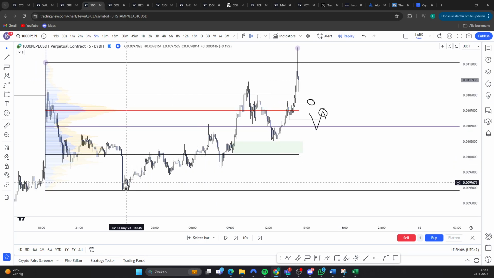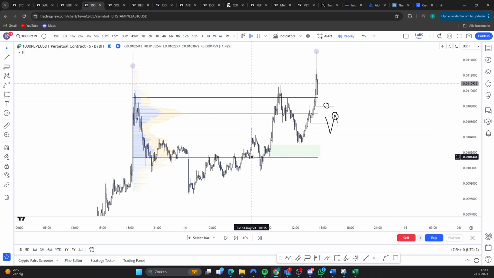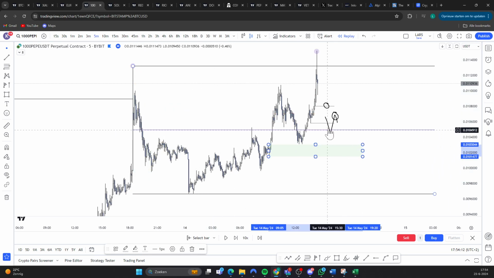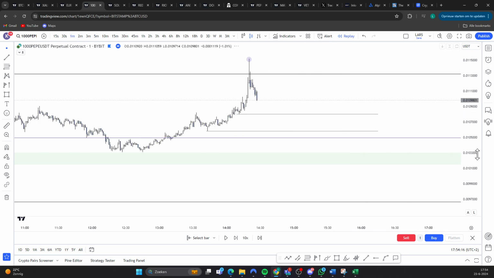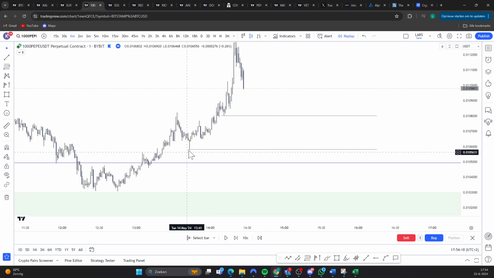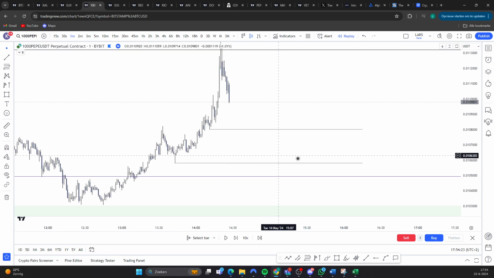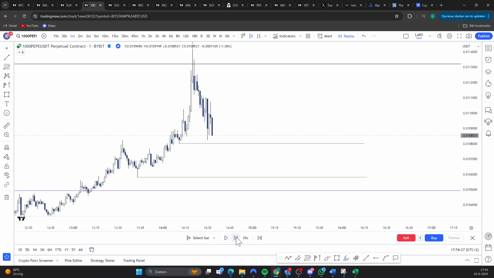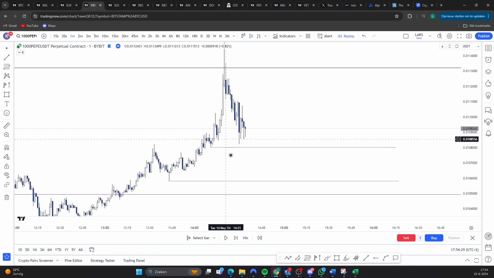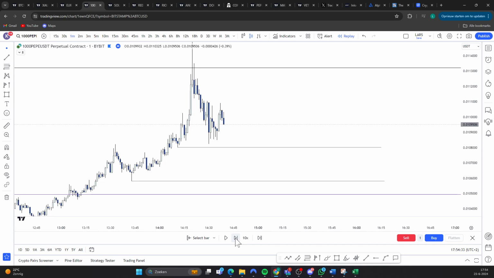And then a tiny OB here, but that's not worthy of putting on your chart. Let's see how price develops. Seeing supply get respected.